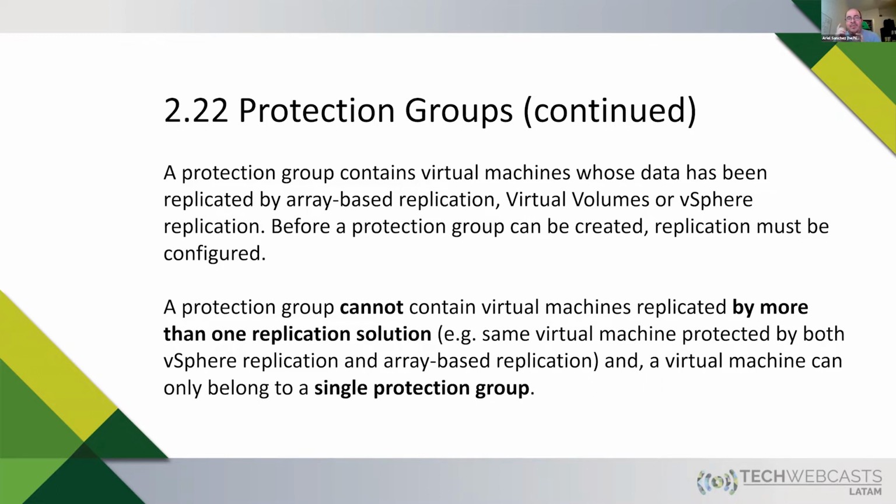One thing that you have to remember, you cannot have one virtual machine use more than one replication solution. Each virtual machine can only be using one. A good example, let's say that with array replication, you have to put the VMs in the data store, and you want to choose that VM for replication with another replication, that is not allowed. It has to be completely just one-to-one mapping there.